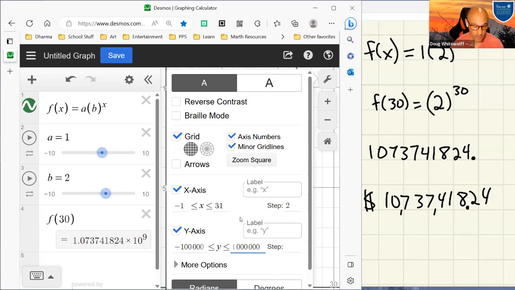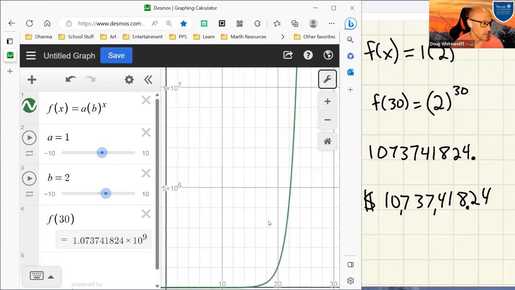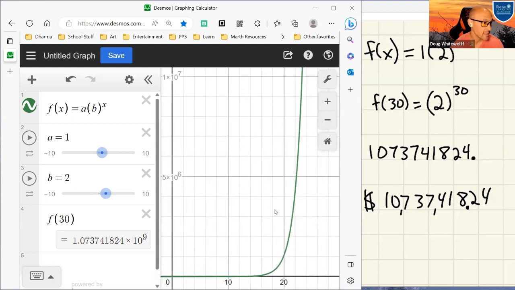Let's see how that looks. So now we can see that it seems like it's not even growing here, but then on day 16, it just explodes. That's crazy. So that's the power of exponential functions.